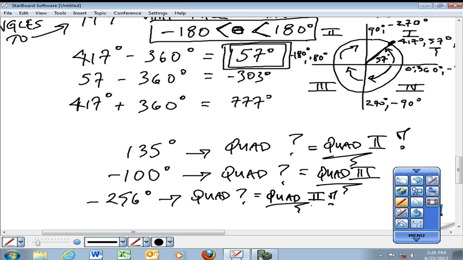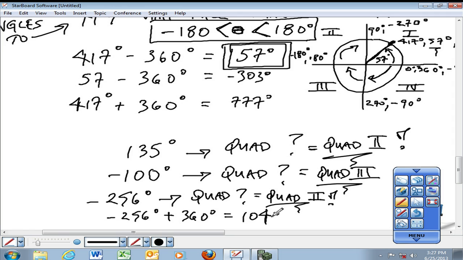But let me show you that you also can think of this in terms of equivalent angles. For an angle equivalent to negative 256, if you simply add 360, in other words, add a revolution, you end up with 104 degrees, which maybe is a little easier to recognize. 104 degrees is past quadrant 1, somewhere between 90 and 180.